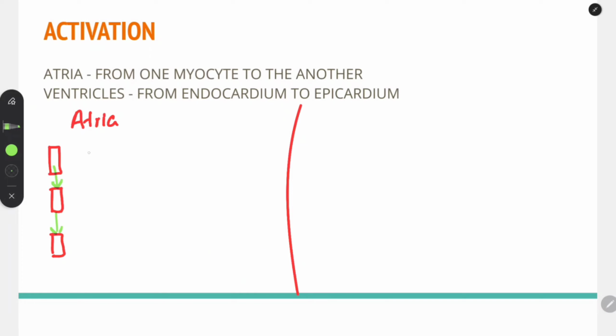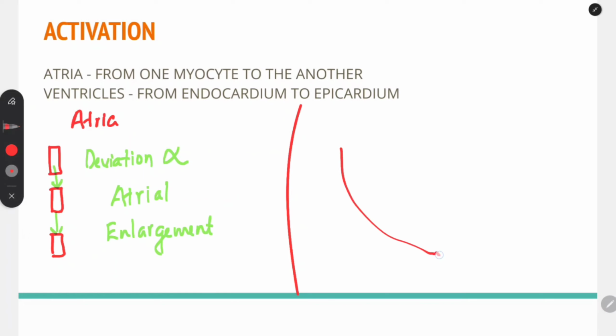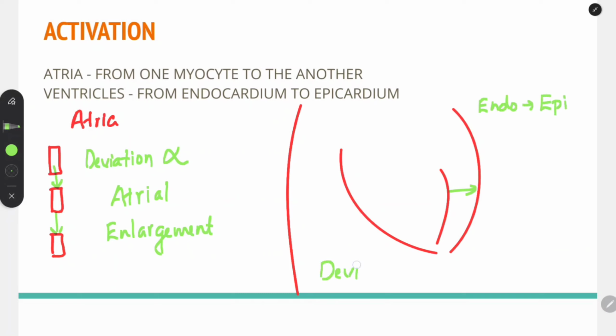So the deviation on an ECG represents the atrial enlargement, while in the ventricles, the activation happens from endocardium to epicardium. Endocardium to epicardium. So here the deviation on the ECG represents ventricular hypertrophy.